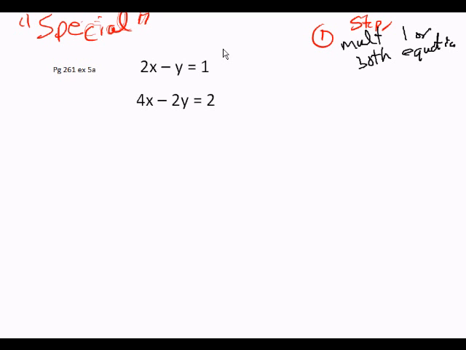What row do I have to multiply something by to get them the same? Let's just look at the y's. How can I make them the same? One is a 2 and one of them is a 1. So what do I have to multiply?